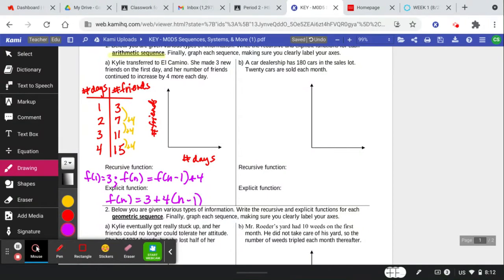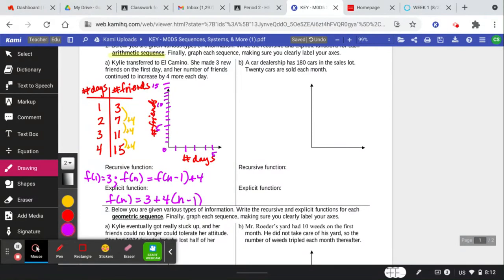Okay, so now that we wrote those recursive and explicits, let's go graph it. So I can just count on the bottom by 1, 2, 3, 4, 5, right? We're just going up through 4. And on this side, we need to get up to 15. So let's say 15 is somewhere around there.